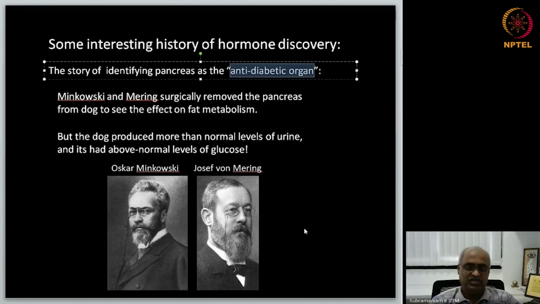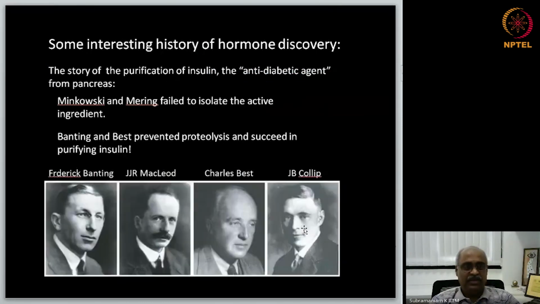Therefore they never succeeded in purifying insulin. But decades later, Frederick Banting, working in the lab of MacLeod, with the assistance of the graduate student Charles Best, succeeded, by taking care of this proteolysis, in isolating and purifying insulin.